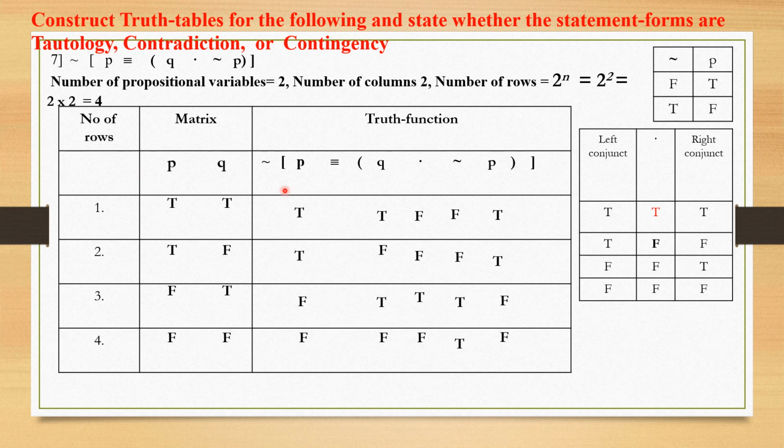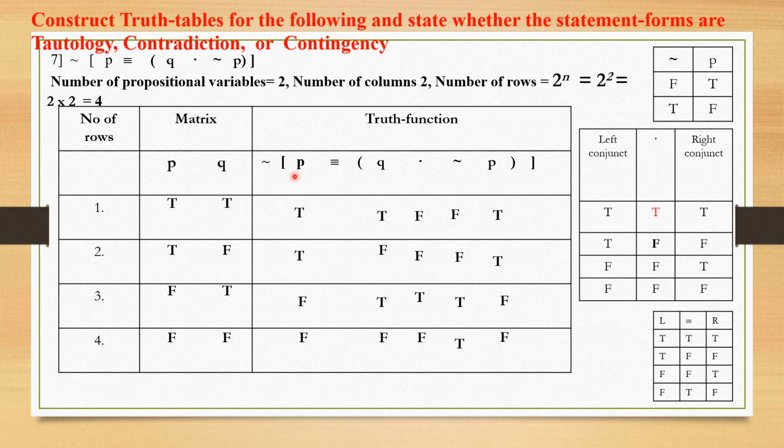Now taking P's value and the conjunction's value, since the main connective in the bracket is the conjunction, you will solve the equivalence. When is an equivalence statement true? When equal values are there, and it is false when unequal values are there.